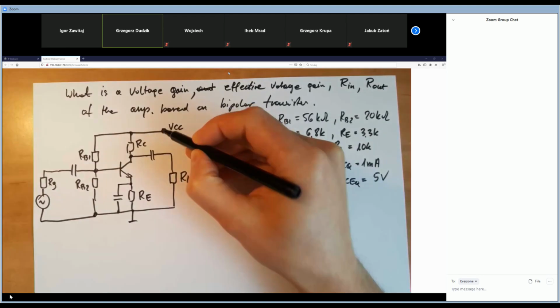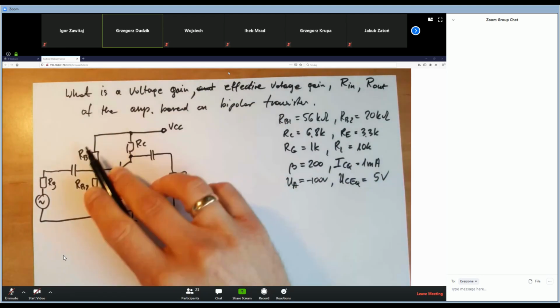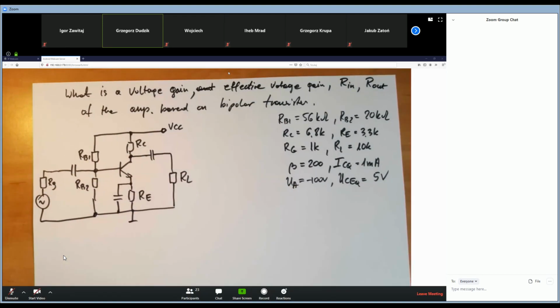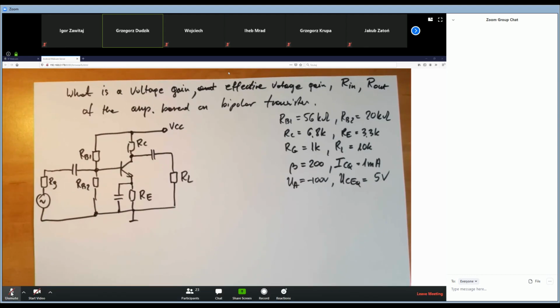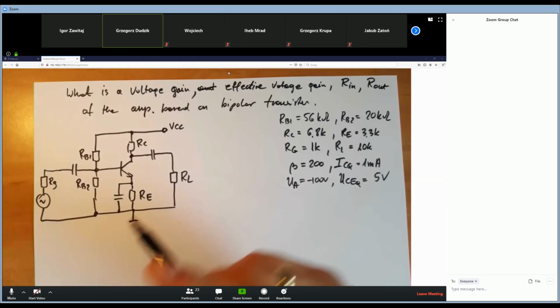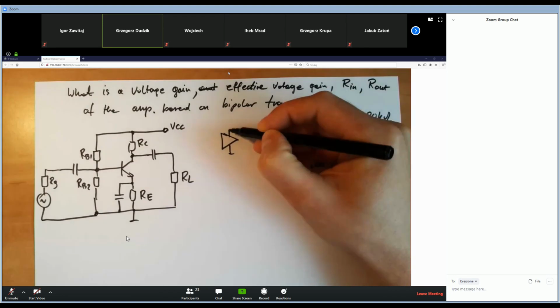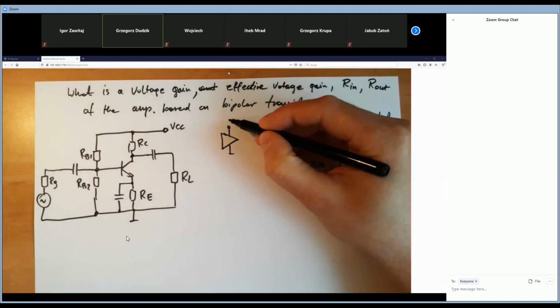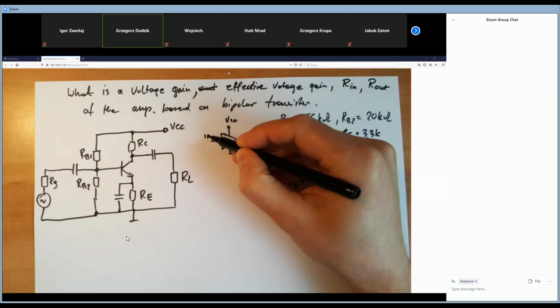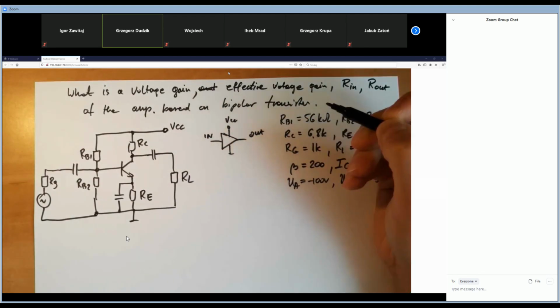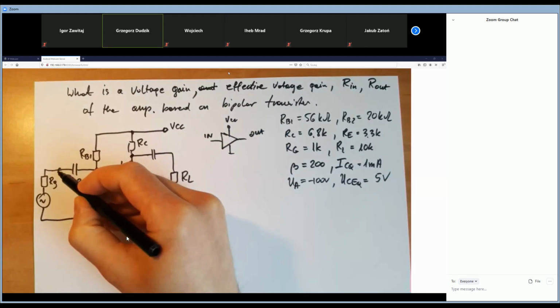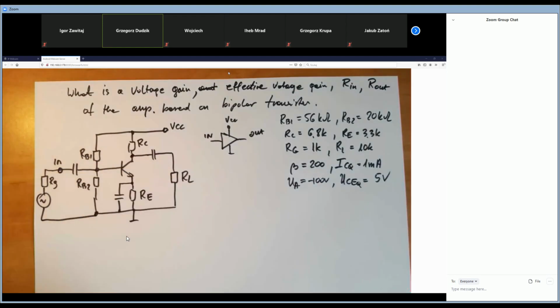No. This is the voltage supply for our amplifier. But where is the input for the signal, and where is the output? Look, this is the amplifier. Any amplifier should be powered. This is the input. This is the output. Okay. So the input is here, and the output is here.